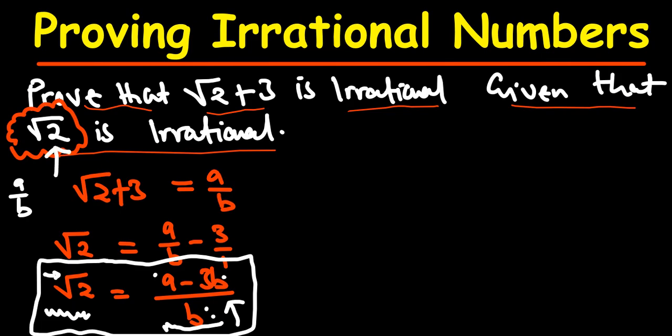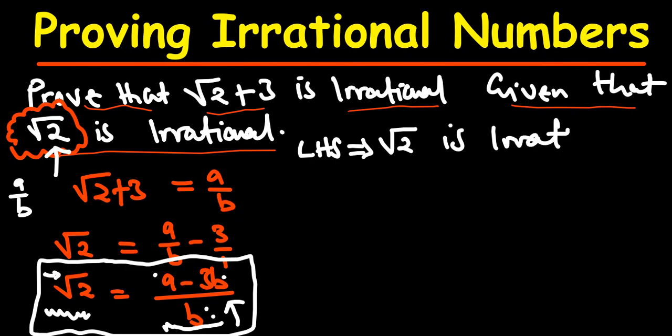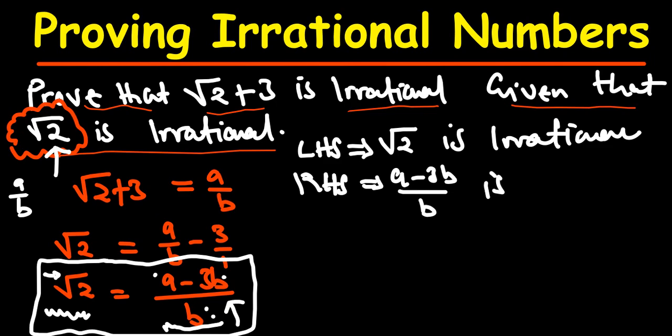So we are going to say that the left hand side, which is root of 2, is irrational, while the right hand side, which is a minus 3b over b, is rational.